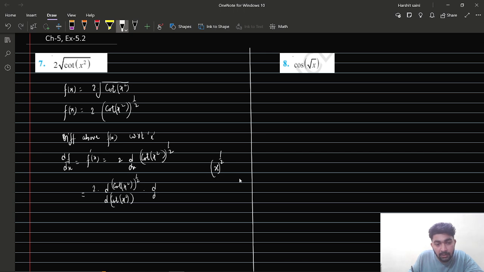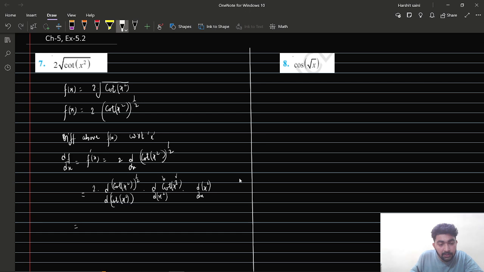Now d by dx of cot of x square: you observe that here the outer function is cot x and the inner function is x square, so we need to differentiate with respect to x square. Now we need to apply our chain rule.